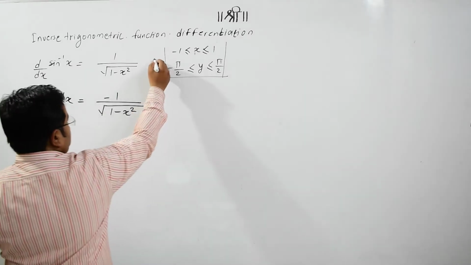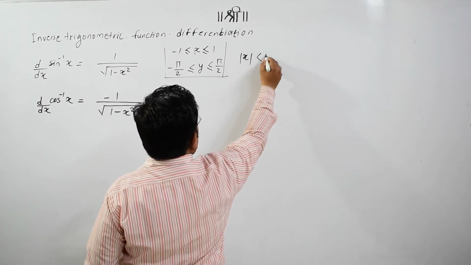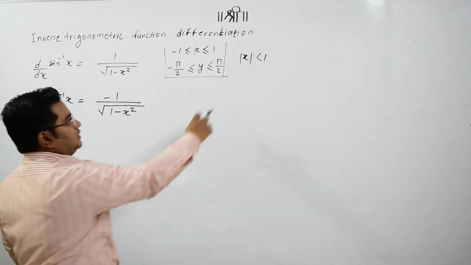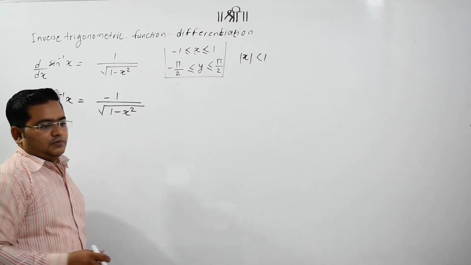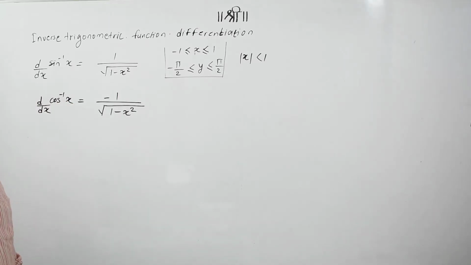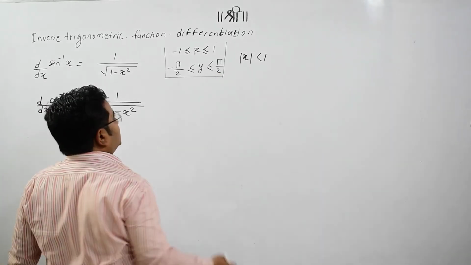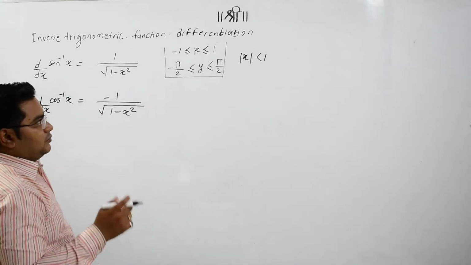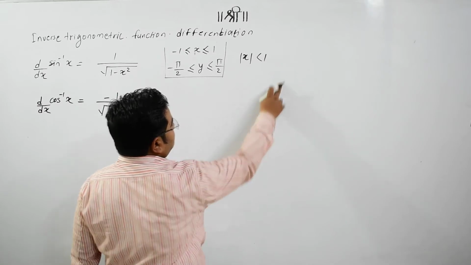Again, the most important condition is that mod of x should be less than 1. Now, sir, what if these are not valid cases? If mod of x is not less than 1, what should this value be? Most of the time it is less than 1, therefore we are directly using this formula. There is no other case. If there is another case, we need to think about it differently, but in our syllabus we are not studying any case other than this.